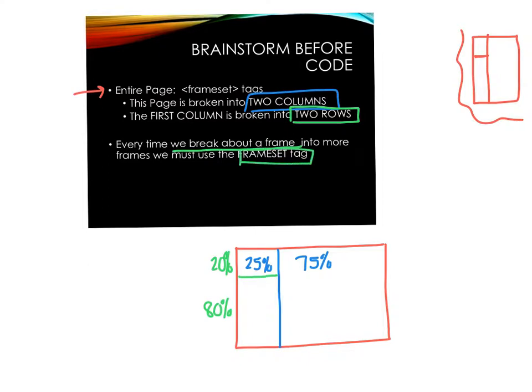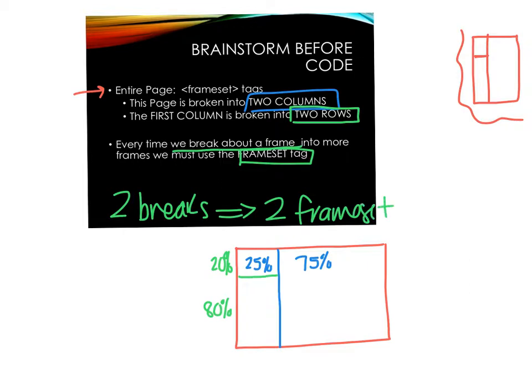Because we have two breaks here, we will have two frameset tags, because each time we break it, we have to use a frameset tag to do so. And then because I have 3 frames, I will have 3 frame tags.